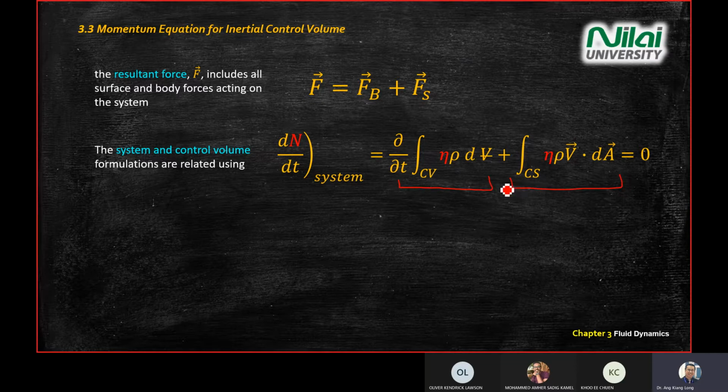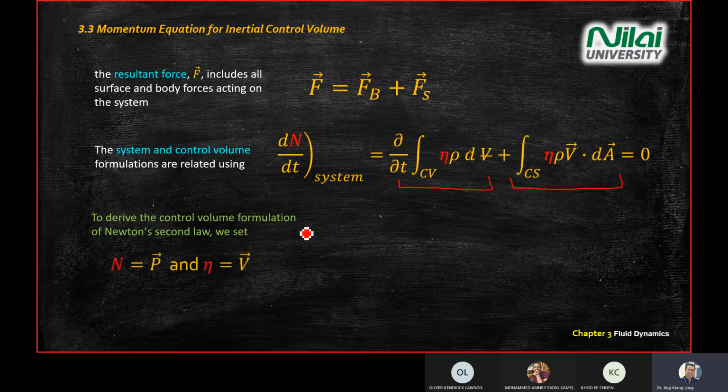For the momentum equation, we will replace the general equation, the red one, with, for example, the N here replaced with P, because when we talk about Newton's second law, F equals ma, you should now understand why I can write mv divided by t.